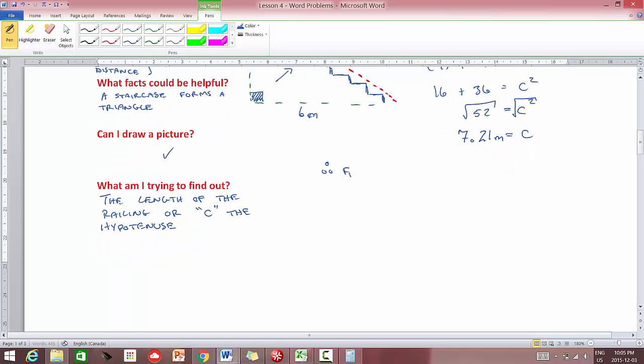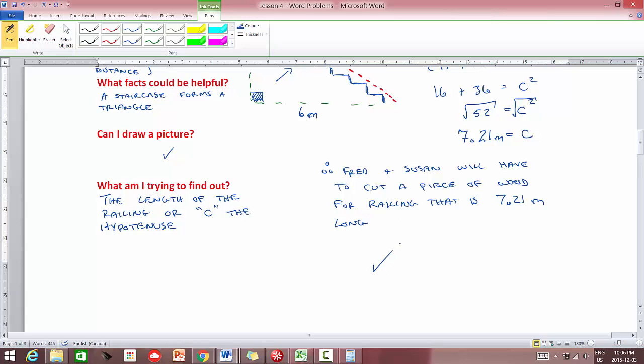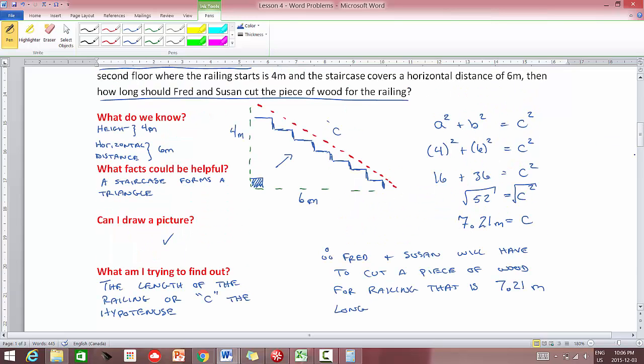Therefore, Fred and Susan will have to cut a piece of wood for the railing that is 7.21 meters long. Okay? Done. Alright, so here's our final question, our finished product.